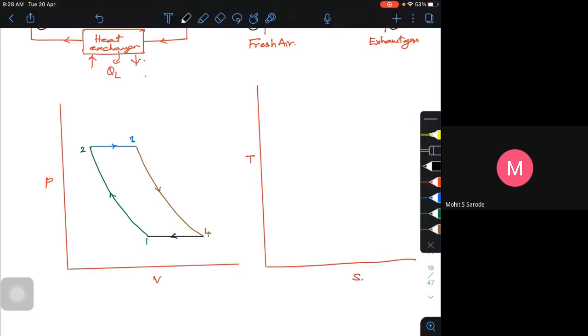So what is it actually? This is isentropic compression. This is isentropic expansion. This is a compression process, and this is an expansion process. Here the pressure is constant, P is equal to constant. Here also P is equal to constant.